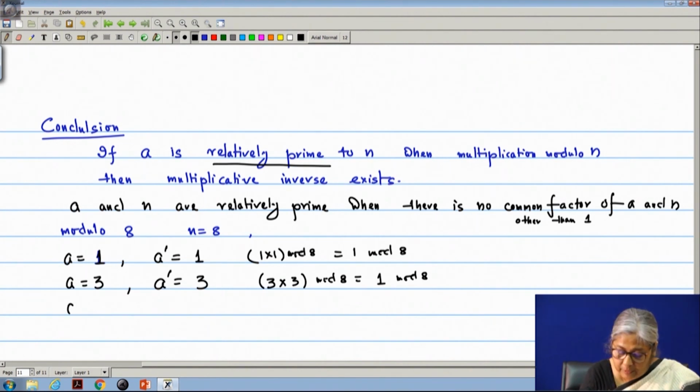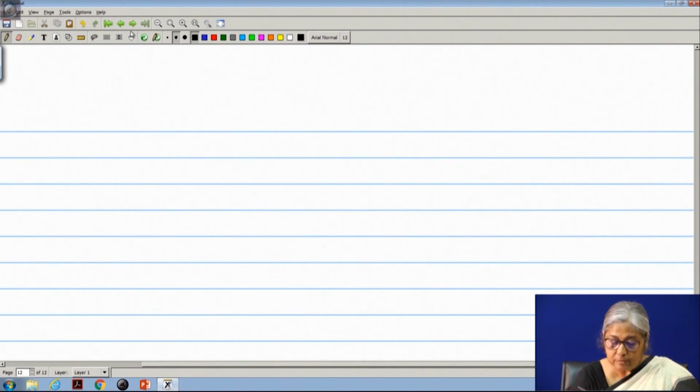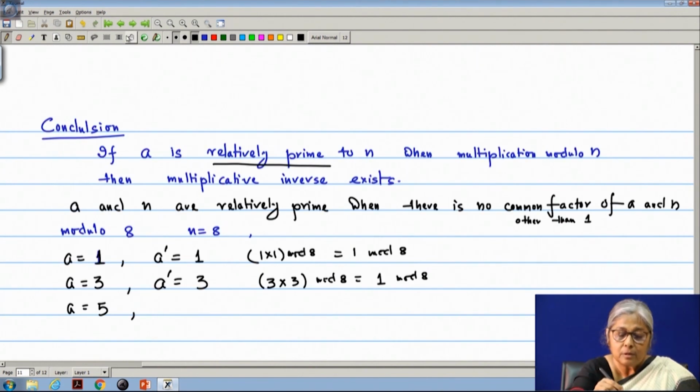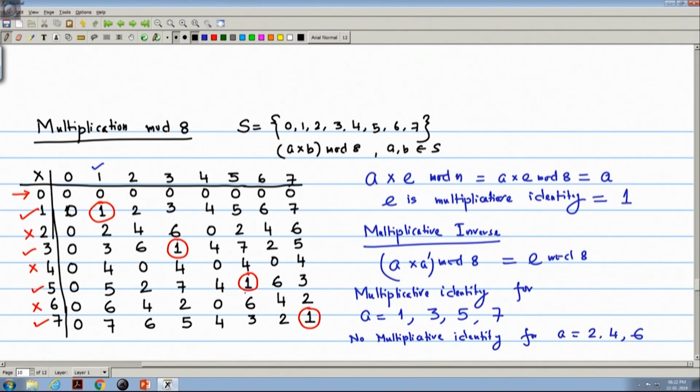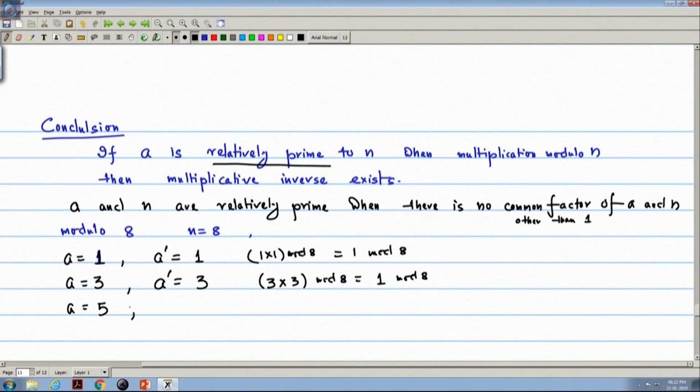What about A equal to 5? It is 5 only, because 5 into 5 is 25, which is 8 into 3 plus 1. So, A dash equal to 5.